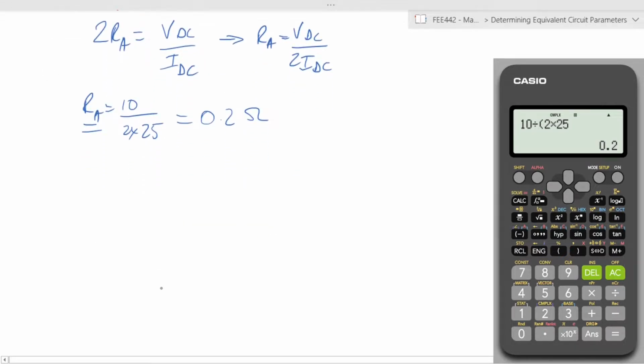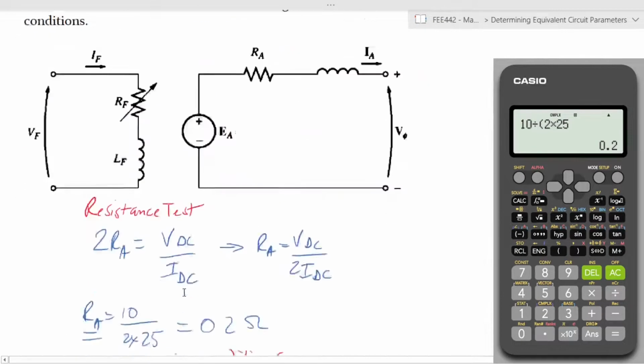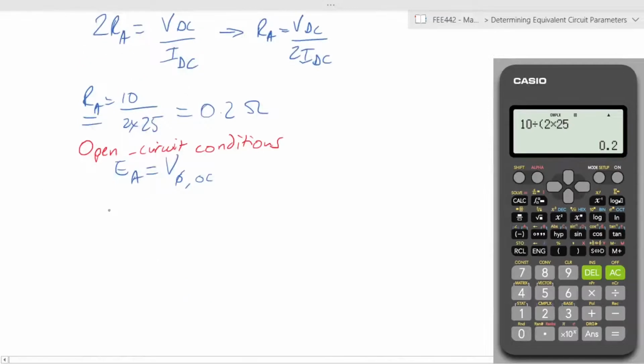Then let's look at some other valuable measures. In this case, the internal generated voltage is equal to the terminal voltage in open circuit conditions, right? So here, the terminal voltage in open circuit will be 540. But remember, we are doing a per phase model, so we'll do a bit of conversion.